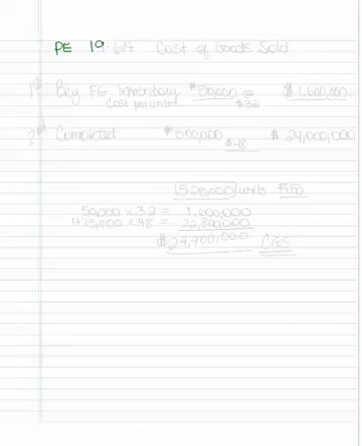Practice exercise 19.6a wants you to calculate the cost of goods sold. It says the beginning finished goods inventory, so I'm going to write that down.